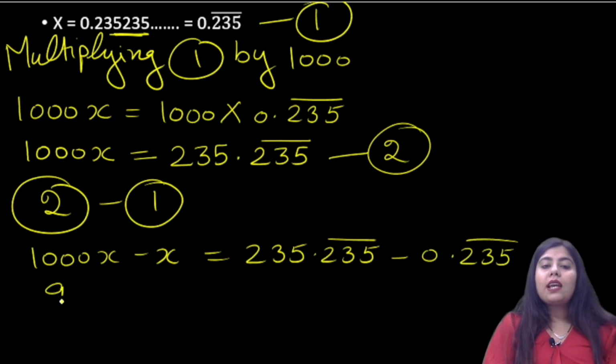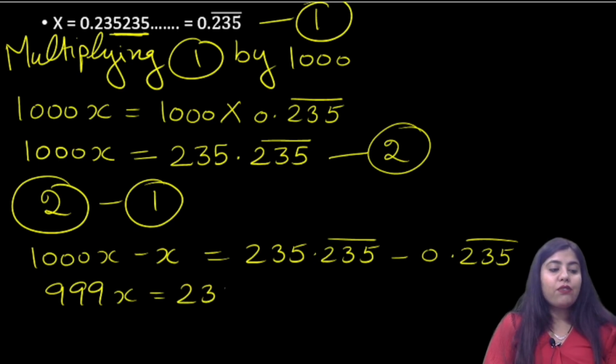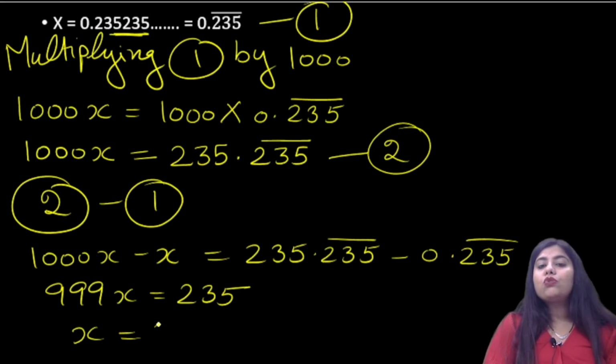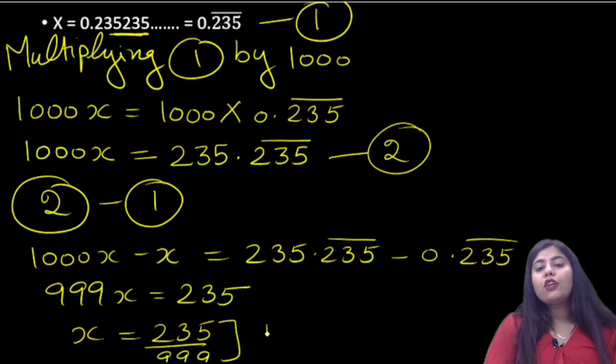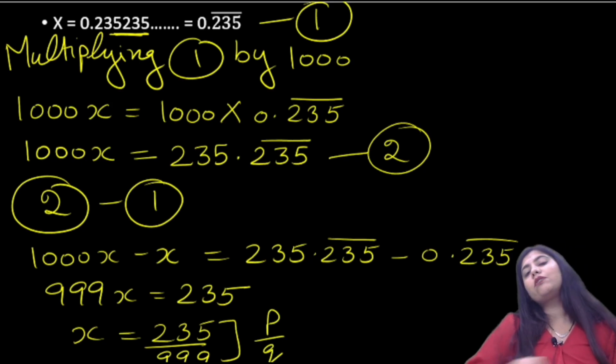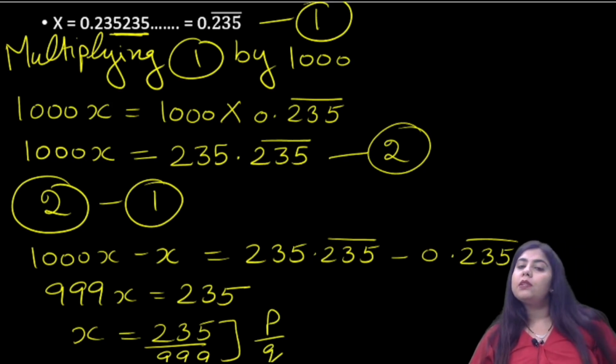Now it is 999x equal to 235. Right? Now x is equal to 235 upon 999. Clear? This is the p by q form, means it is the rational form of the given decimal expansion. Clear?